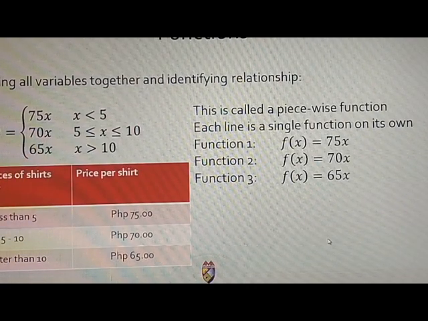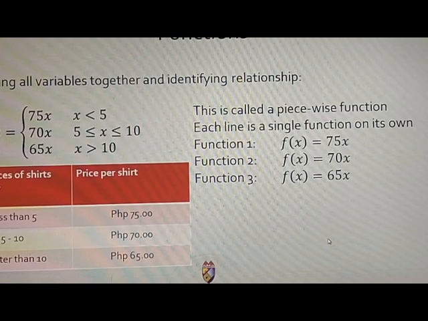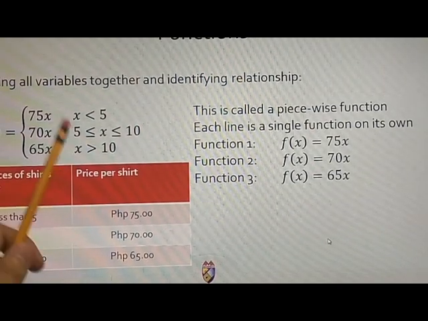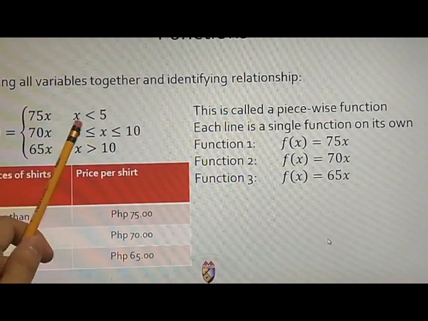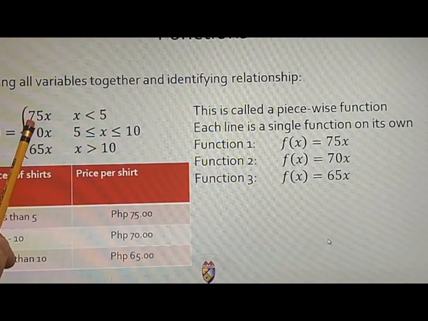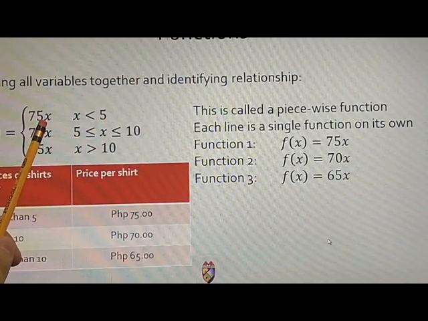In this given, if the number of shirts is less than 5, the price is 75 times the number of shirts to buy.